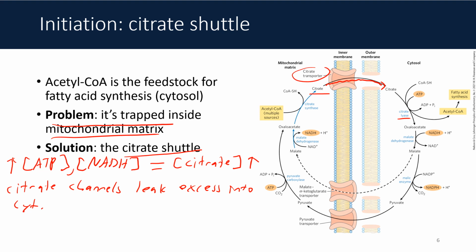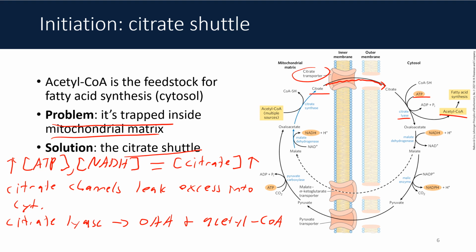And what that will do is take an equivalent of coenzyme A, it will take an equivalent of ATP, and it's going to convert one molecule of citrate into oxaloacetate and money in the bank, acetyl-CoA. That acetyl-CoA gets directly fed into the elongation reactions of fatty acid synthesis.